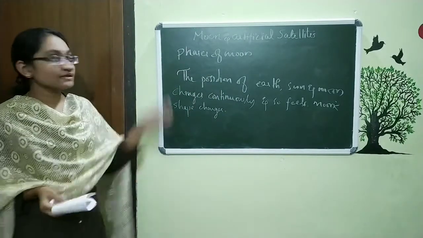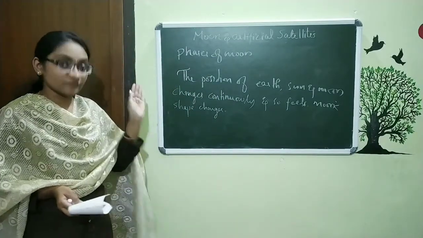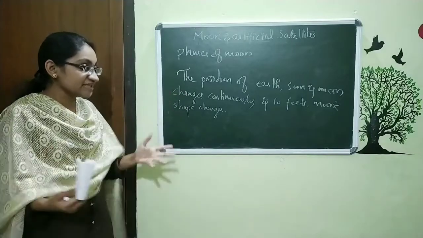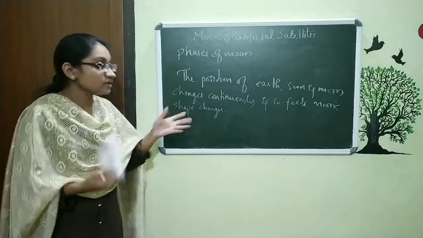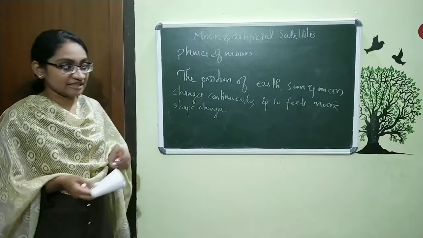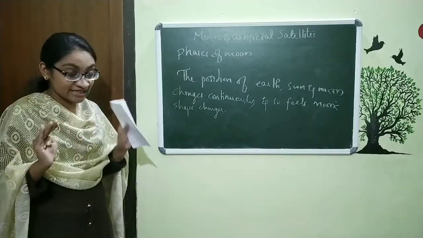So this is what phases of moon is. The position of earth, sun and the moon is getting changed continuously, and so we feel the shape of the moon is getting changed. Actually the shape does not get changed.